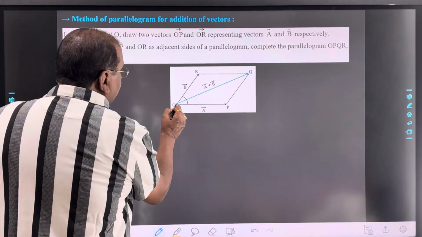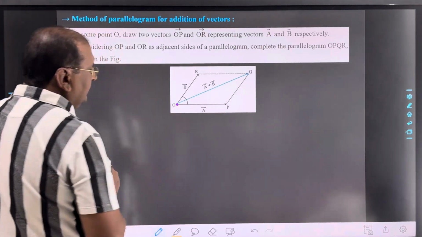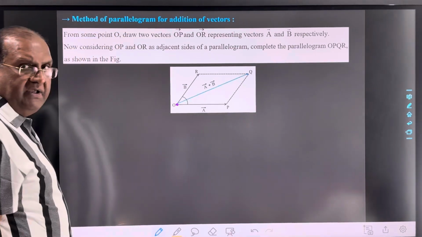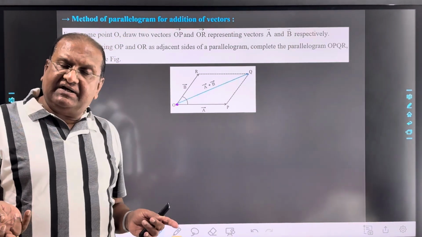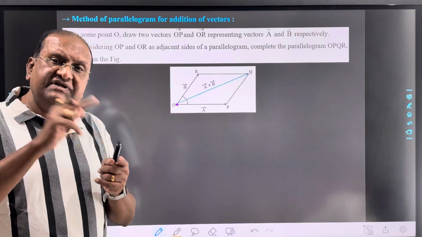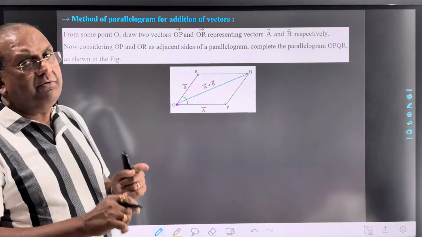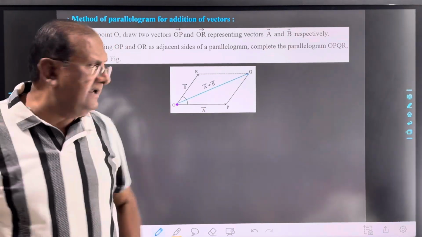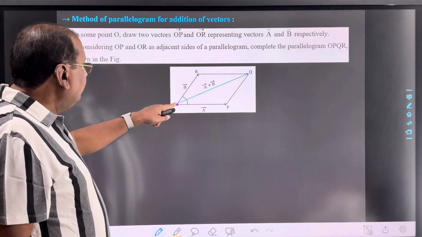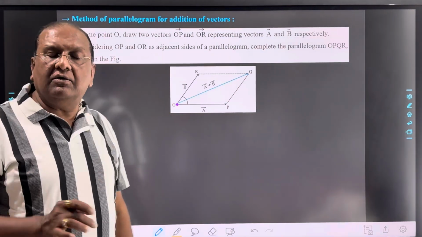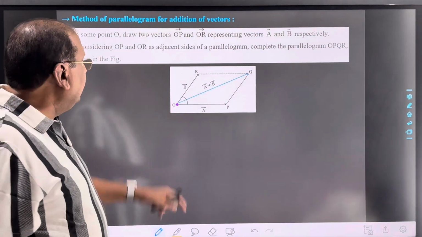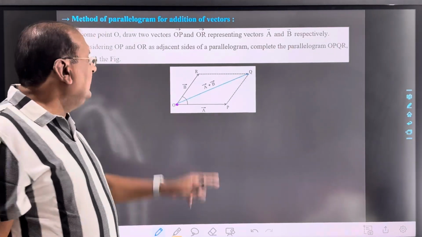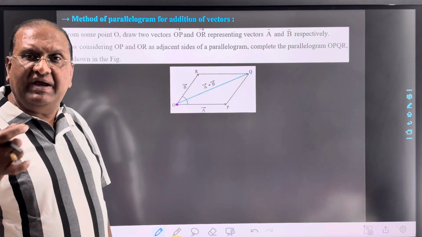So here arbitrarily we consider any point O, and from O we prepare the vector OP, which is in the direction of vector A, and its magnitude is exactly equal to the magnitude of vector A. So OP, you can say, is vector A. Similarly, from O prepare vector OR, in the direction of B, and its magnitude is exactly equal to the magnitude of B.